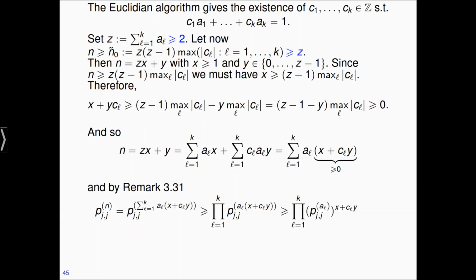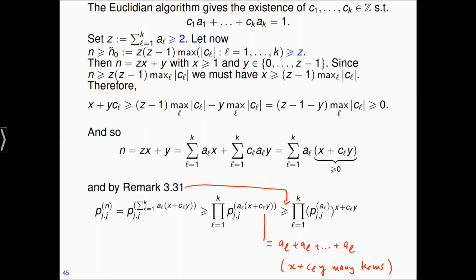In the next step, I use remark 331 again. And for this purpose, I write this number here as AL plus and so on, plus AL. And this has x plus CL times y many terms.